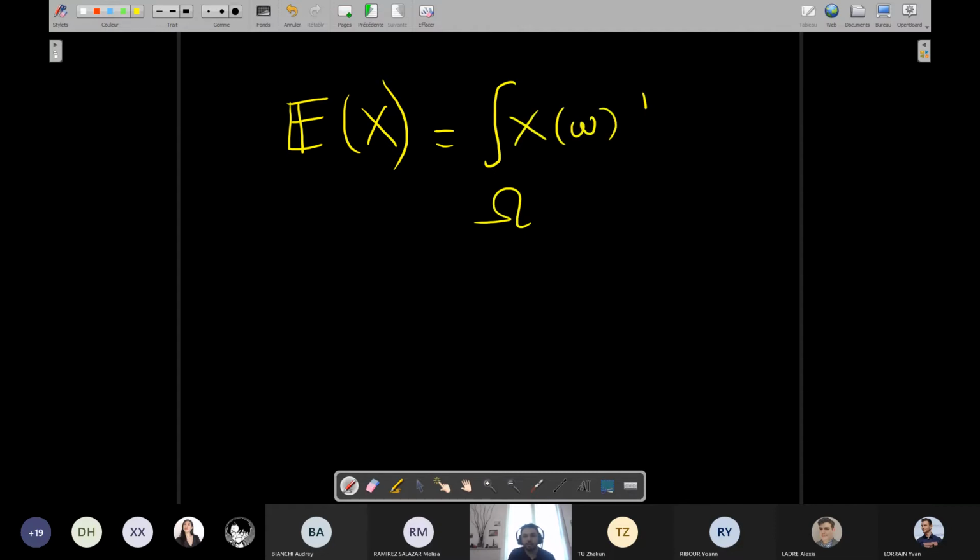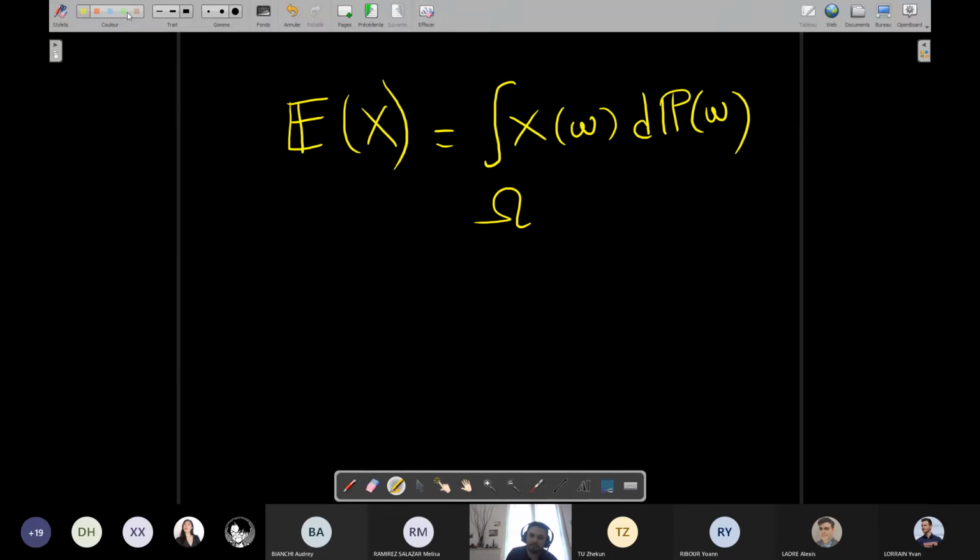The expectation of a random variable X, even if it's continuous or discrete, we don't really care, is defined as the integral of X of omega with d of the probability of omega. This is the general formula for the expectation, and as you can see, it's an integral.